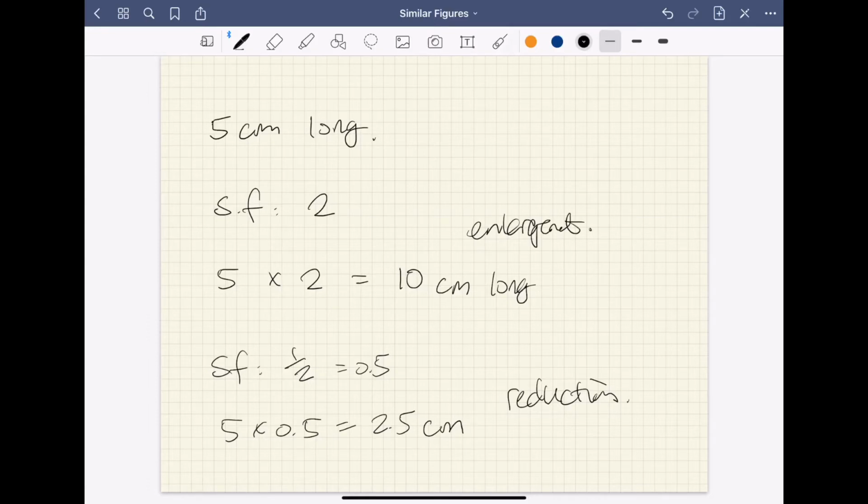Okay, so to enlarge your object, you have to multiply by a number that's bigger than 1. To reduce your object to a smaller size, you need to multiply by a number that's between 0 and 1. What do you think if the scale factor is 1?